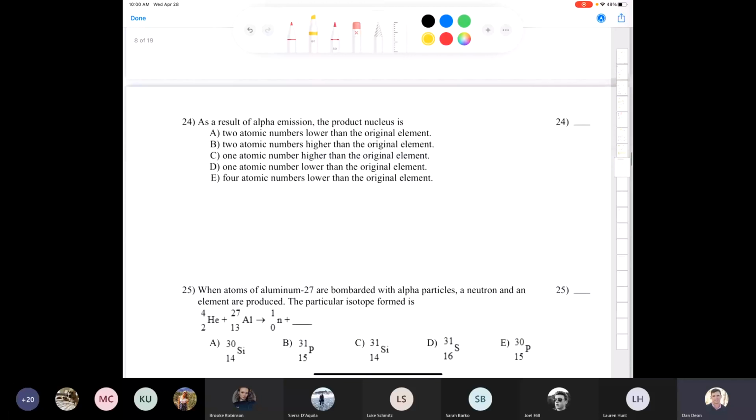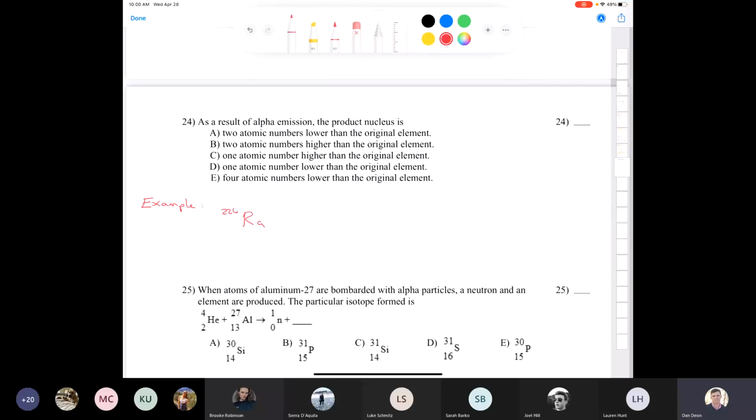Question 24, as a result of alpha emission, the product nucleus is, well, we have some answers here. Let's write down an example of a possible alpha emission. So we have an example here. I chose, let's say, radium-226.